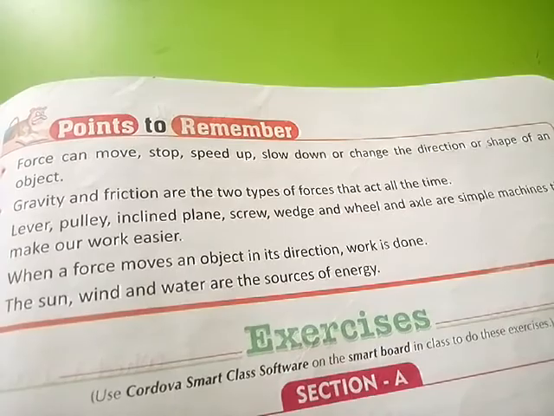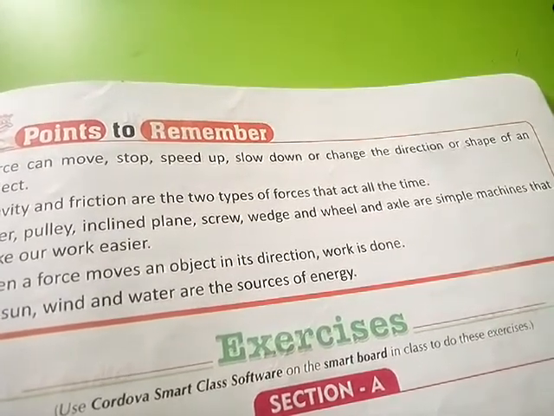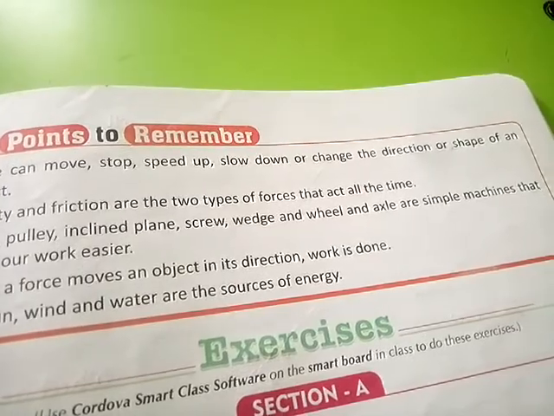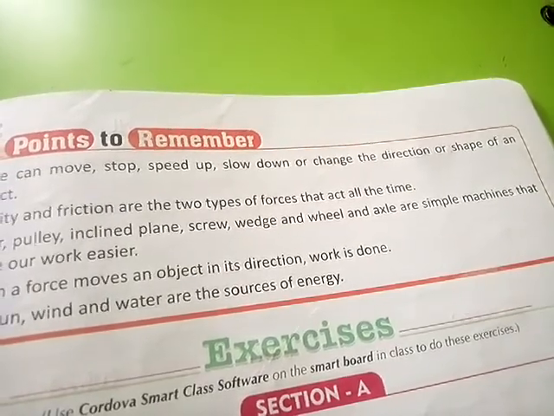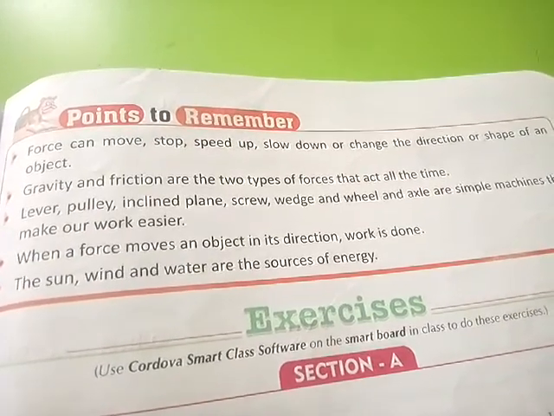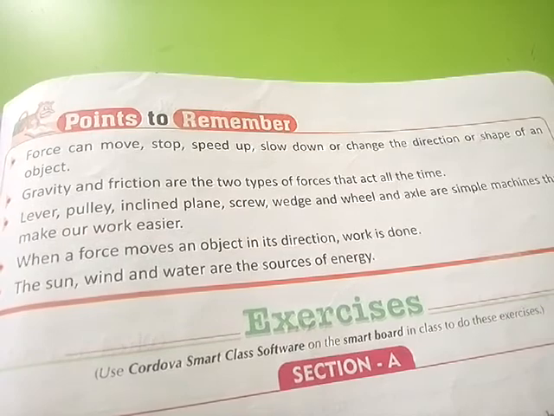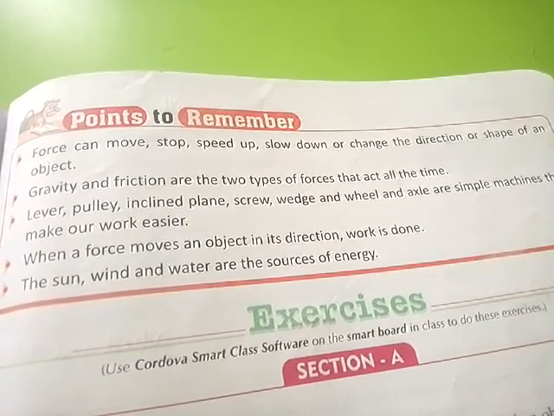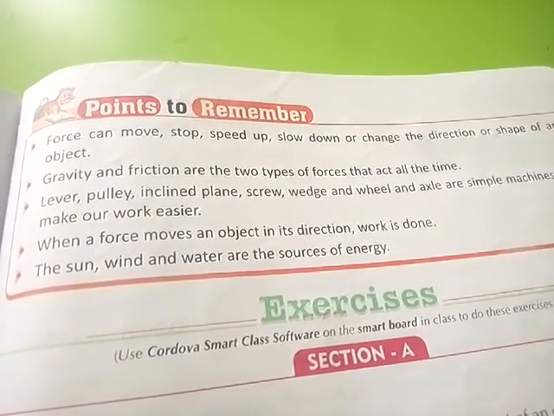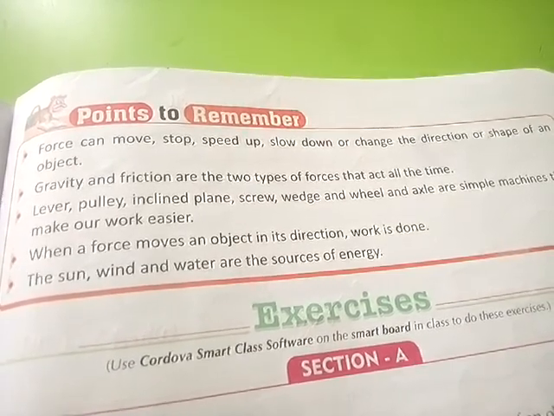Lever, pulley, inclined plane, screw, wedge, and wheel and axle are simple machines that make our work easier. When a force moves an object in its direction, work is done. The sun, wind, and water are the sources of energy.